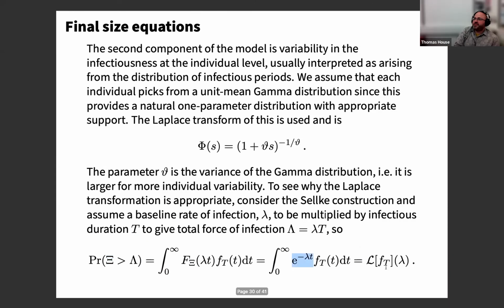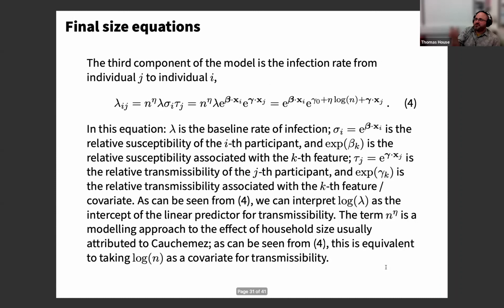And then the lambda between person i and person j is assumed to be some baseline lambda here, plus factors that depend on person i and person j, right? And this log n thing here is the form that was suggested by Simon Cauchemez as how to include final size in these equations. But he didn't write it like this as a regression type problem, right?